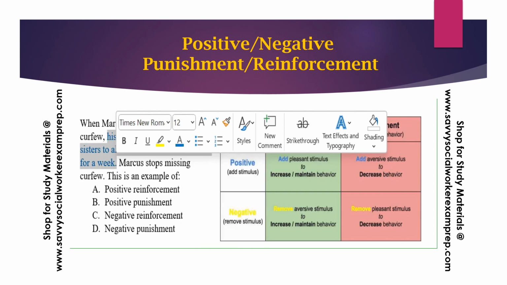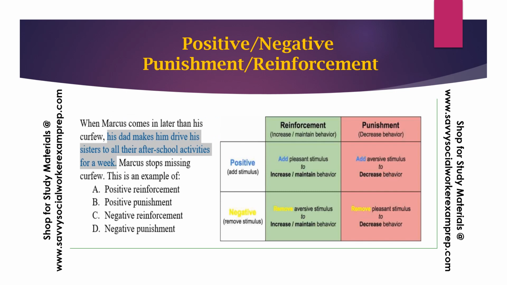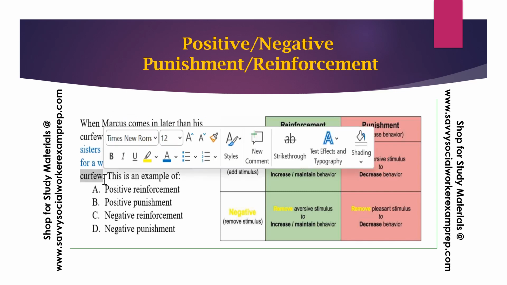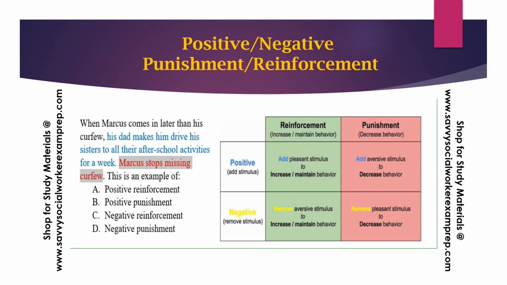So we're going to make that blue for positive, because positive is when we add something. And so because his dad added this, all of a sudden his behavior decreased. He stopped missing curfew.